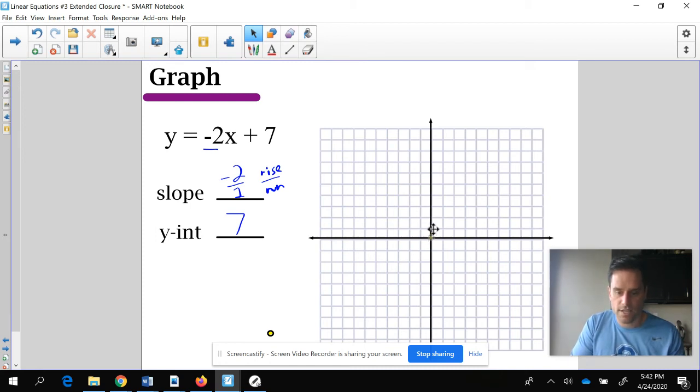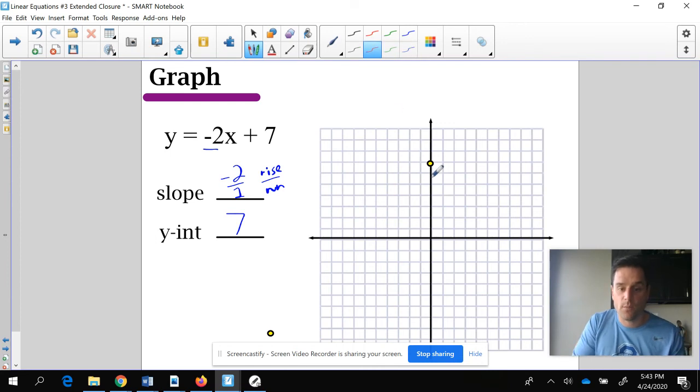And we find our y-intercept. 1, 2, 3, 4, 5, 6, 7. Nope. Double check that. 1, 2, 3, 4, 5, 6, 7. Good. And then we just start from that point and we go -2/1, because it's -2 rise, run over 1, -2/1.